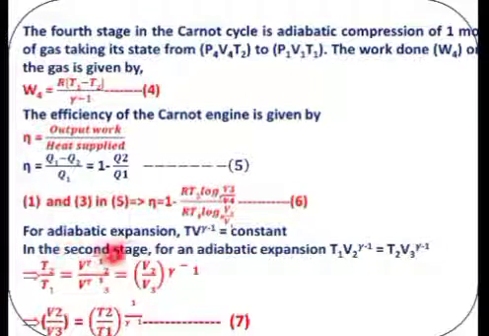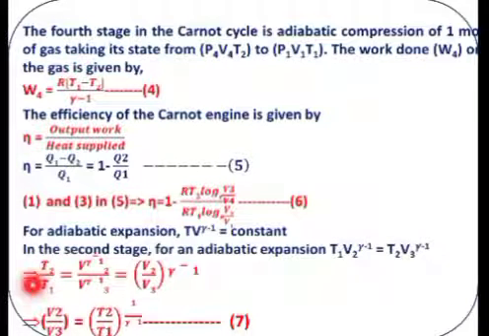In the second stage for adiabatic expansion, T1 V2 raised to gamma minus 1 is equal to T2 V3 raised to gamma minus 1. Wherever T2 is and T1 is, we have to substitute these values for V2 and V3.